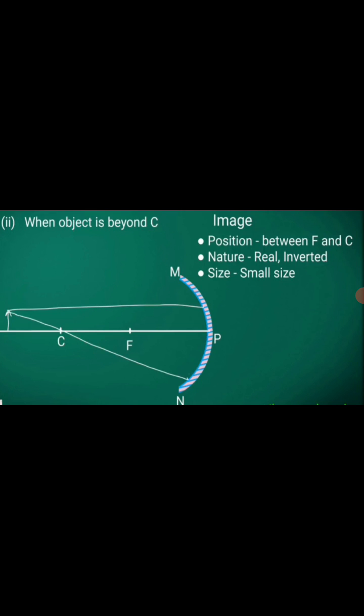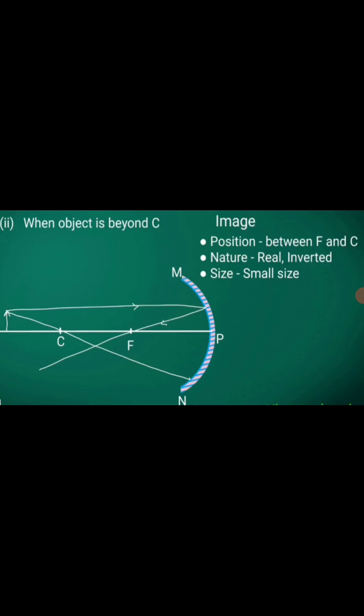Before that, one of the light rays has to pass through the center of curvature, that is a compulsory line here. So this line where the ray is passing through the center of curvature, remember, both the incident ray and the reflected ray will pass on the same line. Now I have to apply the first rule. According to that, the reflected light ray will pass through the principal focus.